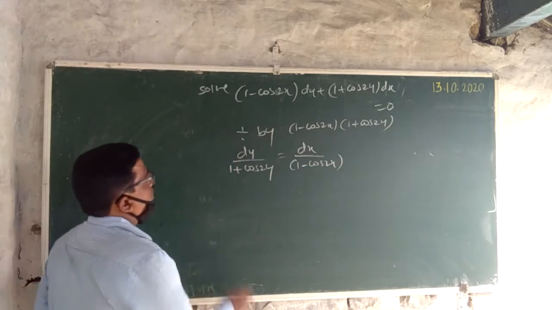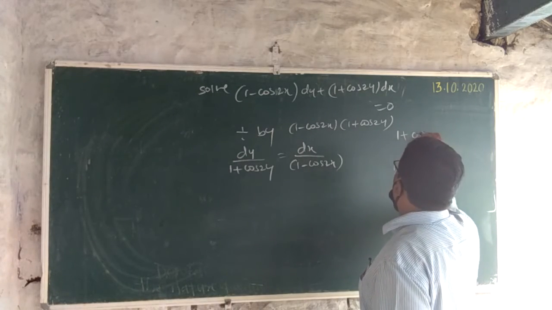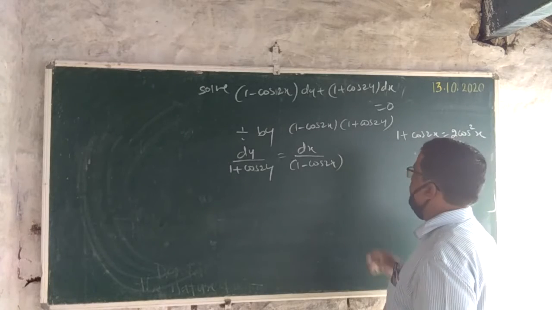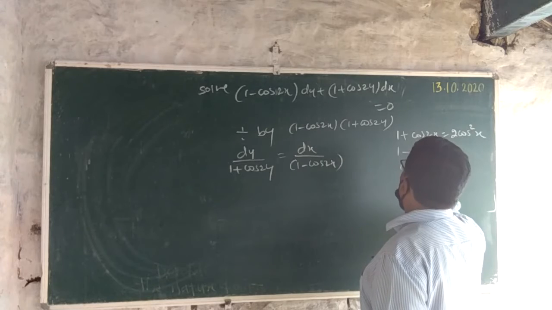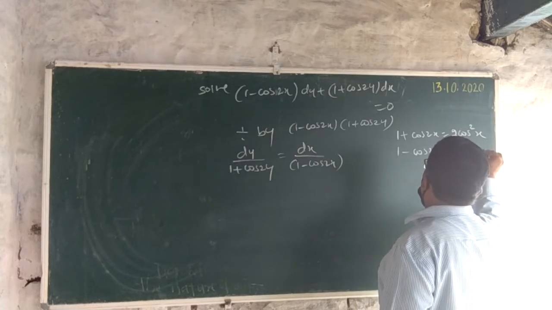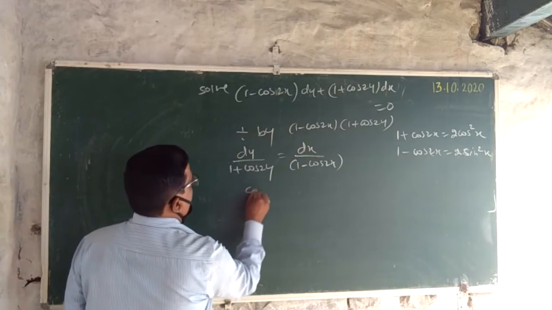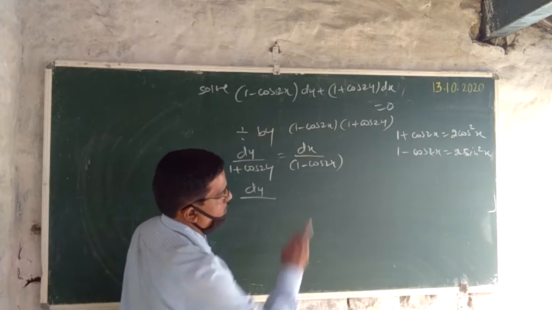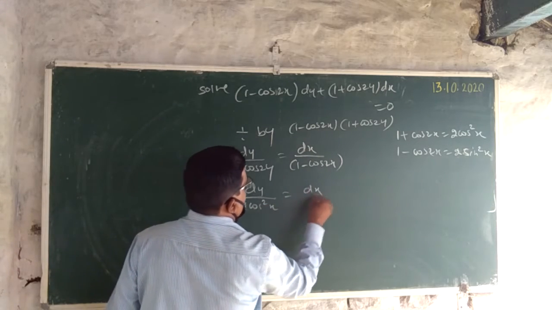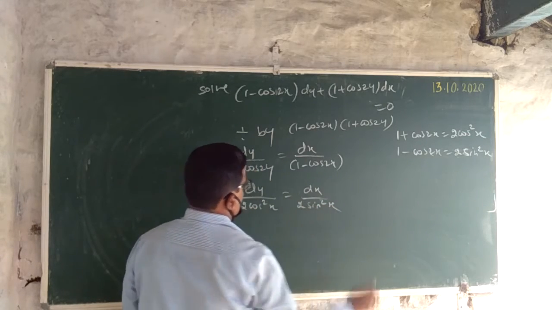Okay. So now we know that from the trigonometric identities we can write 1 plus cos 2x as 2 cos square x, and similarly 1 minus cos 2x as 2 sin square x. So use those identities here, so dy divided by 2 cos square y, and dx divided by 2 sin square x.